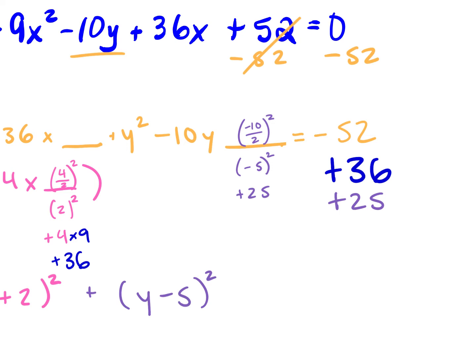Y minus 5. It's always the squared term and the squared term. And then on the right side, I have to add negative 52 plus 36 plus 25. So that should be 9. Yes.